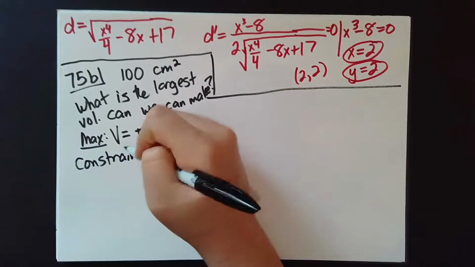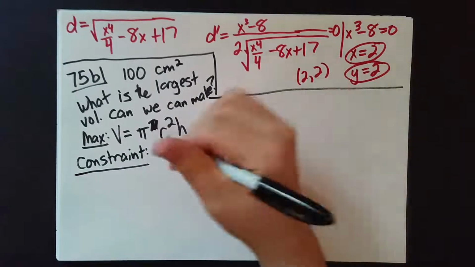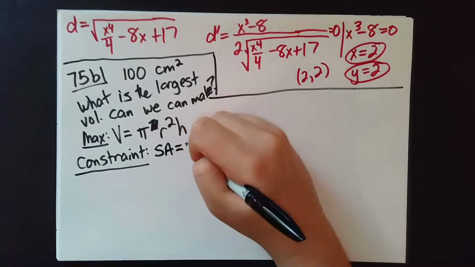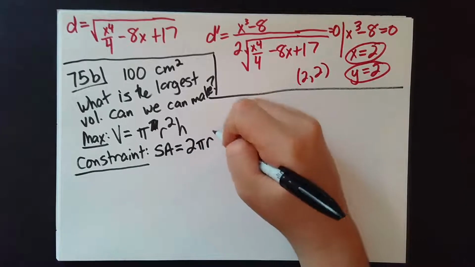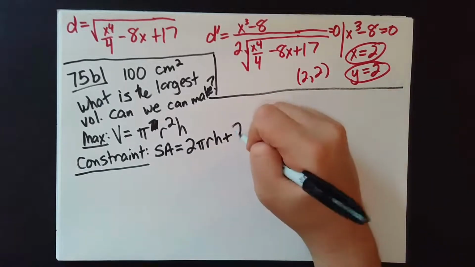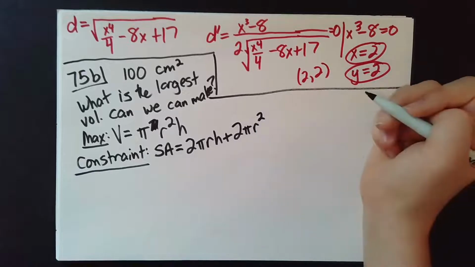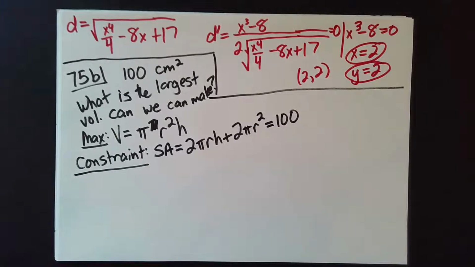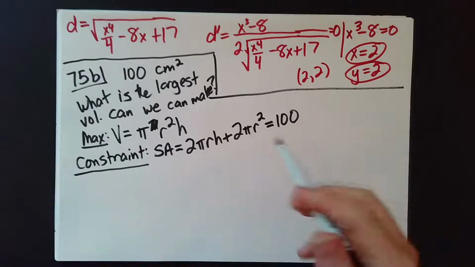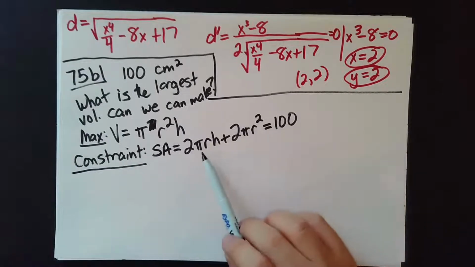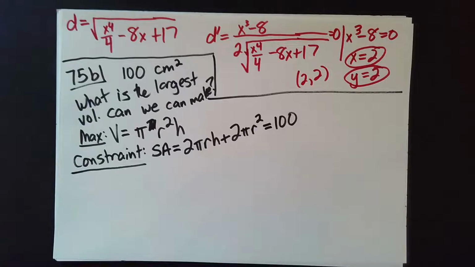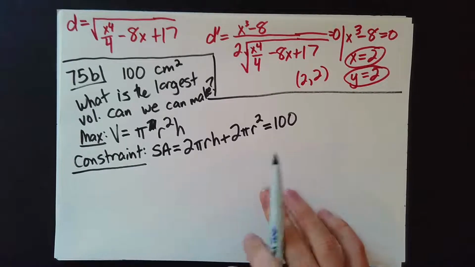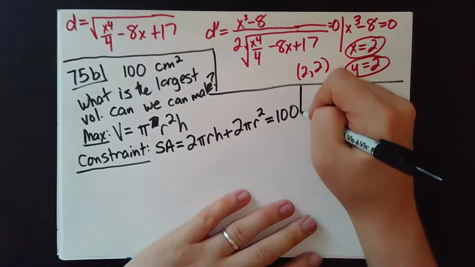And the constraint now is the surface area, which is 2 pi r h plus 2 pi r squared equals 100. So I need to solve this for my choice of variables. I think the variable that's going to be easier to solve for is h, so I'm going to do that over here.